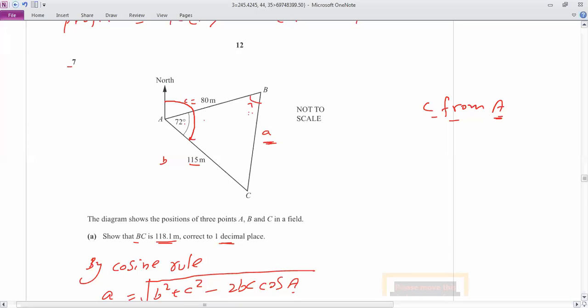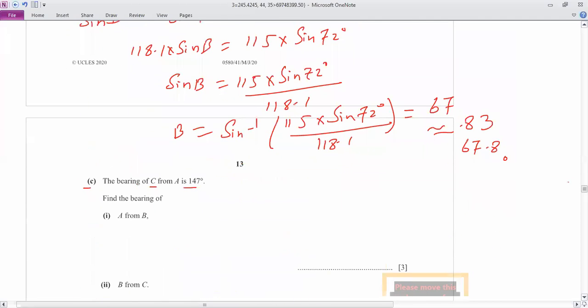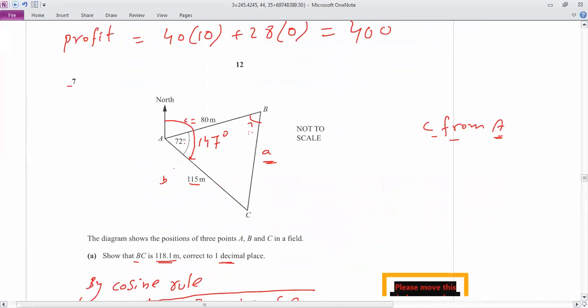This is given 147. It's given to us already. Find the bearing of A from B. I have to find the bearing of A from B. A from B. So I should take the north at B. Yes, this is the north. So bearing of A from B, so this angle I need to find.